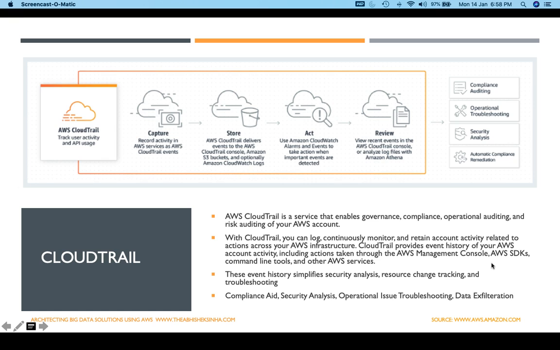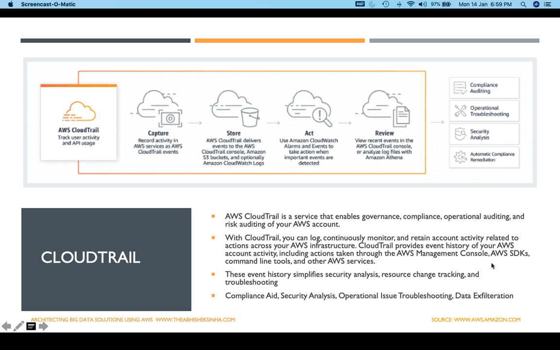Once the activity data is collected, you can use other AWS services like Amazon CloudWatch events and AWS Lambda to trigger response procedures. That is a very powerful way of detecting any kind of data breach or compliance issue which is not up to the mark, and making sure it gets highlighted in your view. So it is very essential to make this kind of arrangement in your environment.